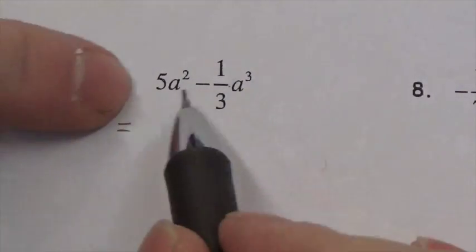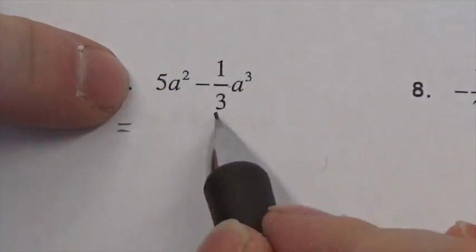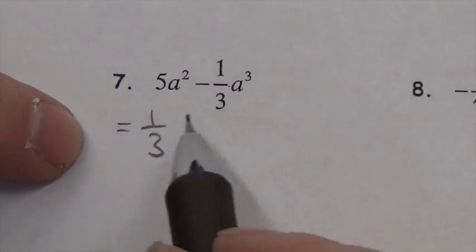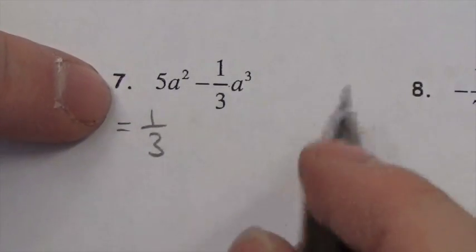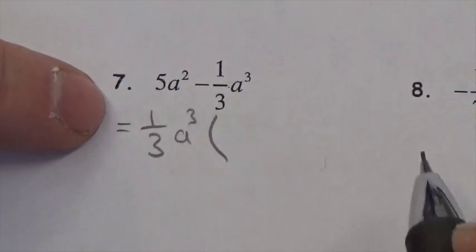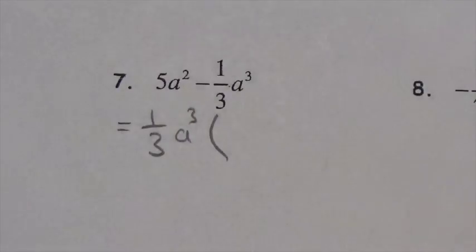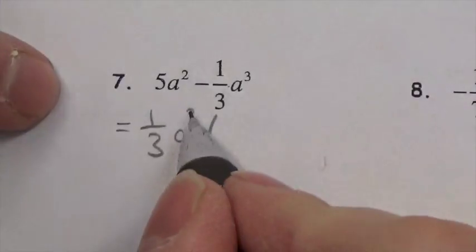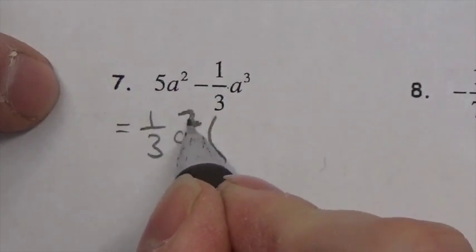Okay. Now here, notice that I'm seeing a fraction. I'm going to take out the fraction. That's just going to be automatic. And then between the two terms, I've got an a squared here and an a cubed here, which means I'm going to take out an a cubed. Now, I have to divide out the 1/3. Whoops, sorry, I said cubed. I meant squared. Glad I caught that before I went too far.